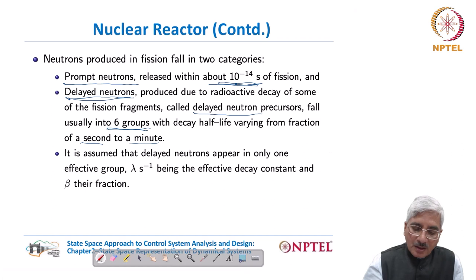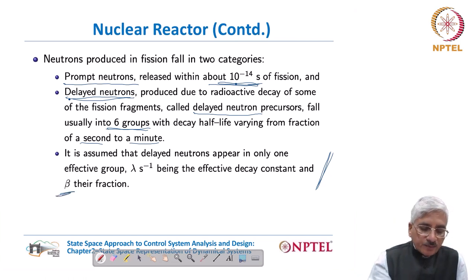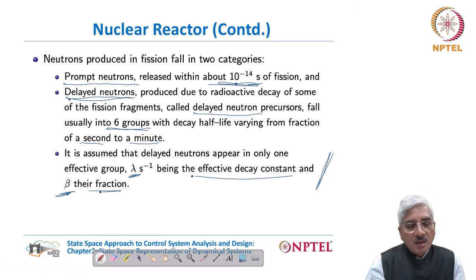However, one assumption usually made is that all these 6 groups of delayed neutrons can be combined and considered as coming from only one effective delayed neutron precursor, with the effective parameters being lambda and beta. Lambda is the effective decay constant and beta is the fraction. So fission neutrons in a nuclear reactor are mostly prompt neutrons and some of them are delayed neutrons.